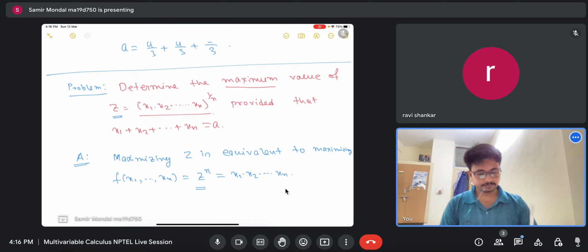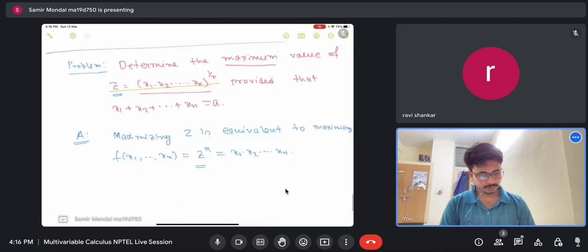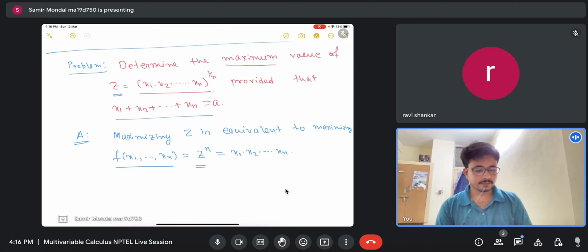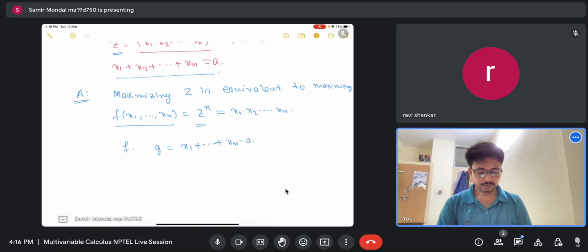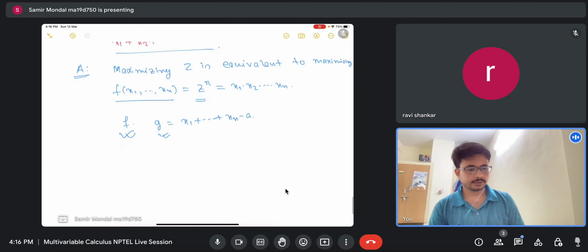So now our problem is reduced to: you have to find the maximum of the function f under the condition that this sum is a. Now tell me, what is your procedure? Your f is given and your condition is g equal to x1 plus ... plus xn minus a. You have to maximize this function under this constraint. You already know the Lagrange multiplier method.